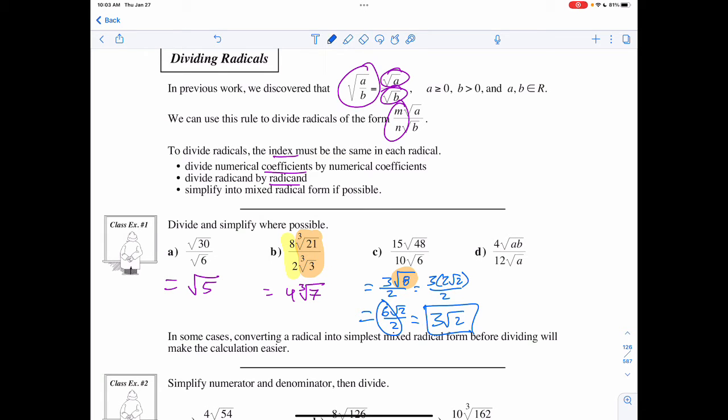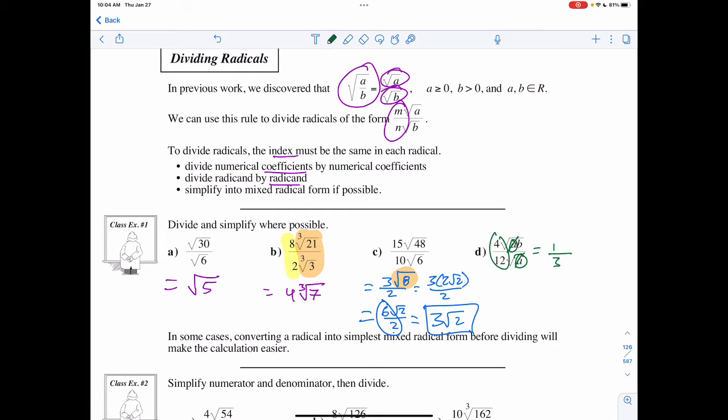When I get to the last example here, I can do the coefficients, and that's going to give me 1 over 3. And then I have root AB over root A. Well, the root A and root A I can take out.